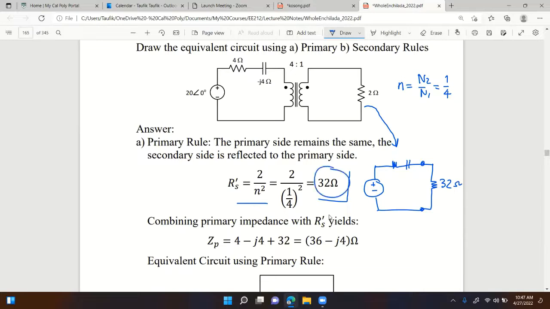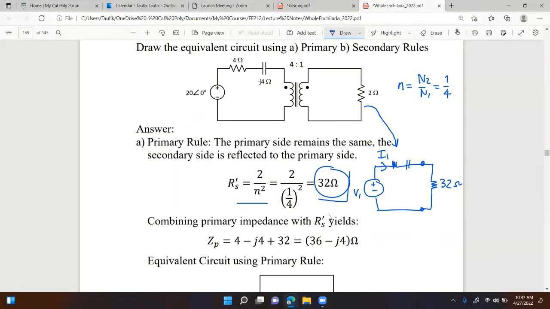So it's the reflected value of the resistance on the secondary side to the primary side. You can see how the circuit now becomes easier to solve. Only one loop, and you can solve for I1 this way by Ohm's law.